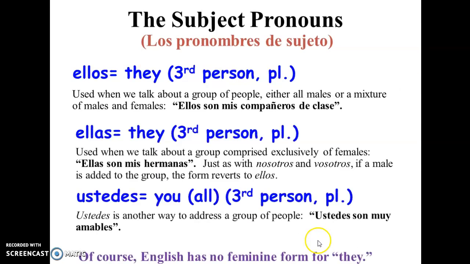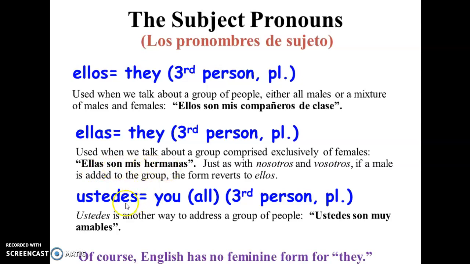And then the third person, which is ellos, in this case they. This is masculine or a mixture of both. Ellos son mis compañeros de clase, and if it's exclusively females, ellas son mis hermanas.